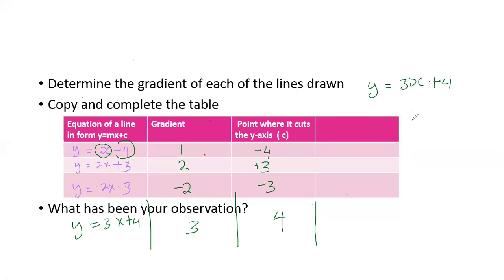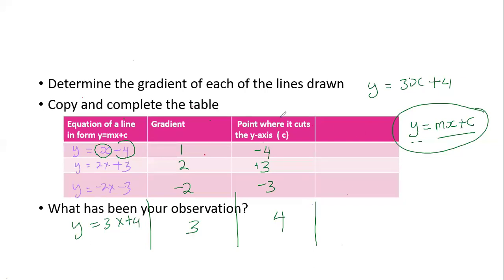From today onwards, whenever they ask you for the equation of a line, it is always written in the form y is equal to mx plus c. Whenever you find this, friends, know that it is a line. Whether you make a mistake in plotting, it must come out as a line.